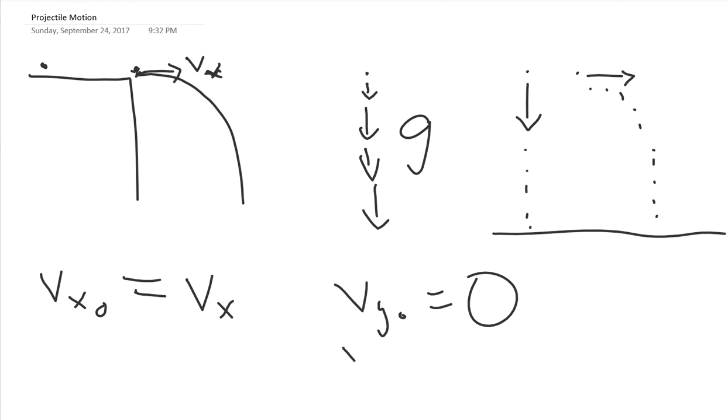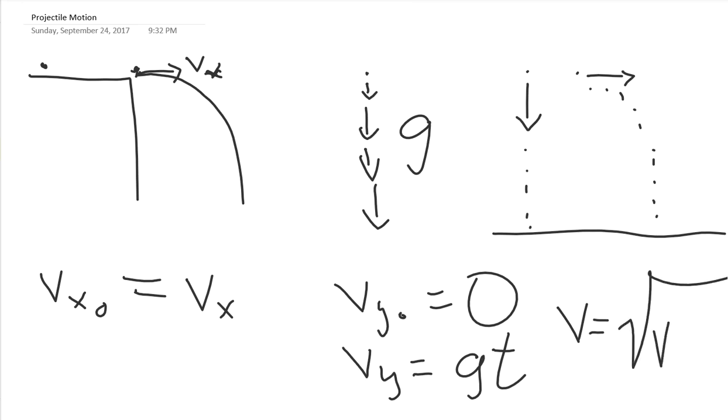From there on out, your y velocity will depend on two things: gravity and time in the air. So we're looking at free fall again. If we want to combine the two, now we're looking at two different vectors, so we have to add the vectors. Your overall velocity would then be the square root of vx squared plus vy squared.